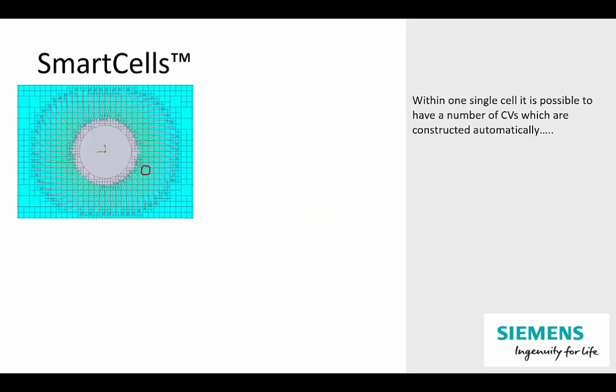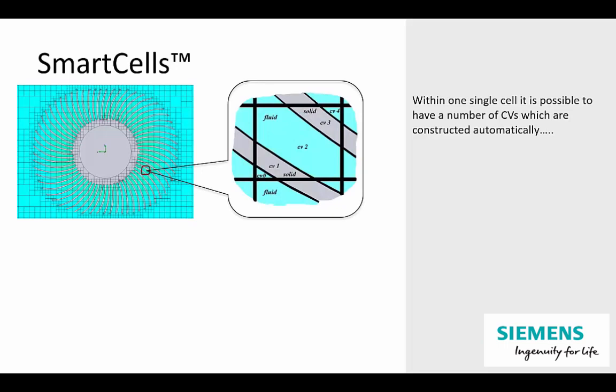Another thing that FlowEFD does that's very, very different is it uses what we call smart cell technology. Now the image you can see here is a cut through a finned heatsink. Now if we look closely inside one of the mesh cells, we can see within one cell we can have multiple control volumes, multiple regions of fluid, solid, fluid, solid, fluid. With traditional CFD, this just would not be possible.